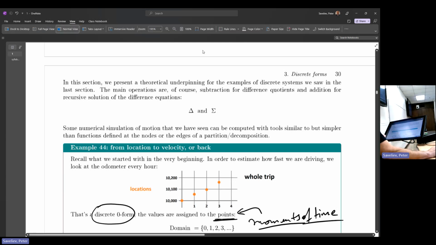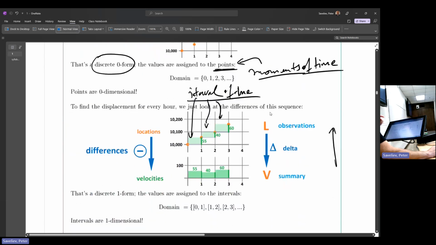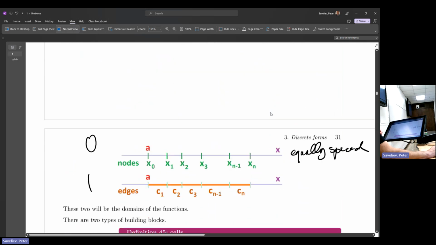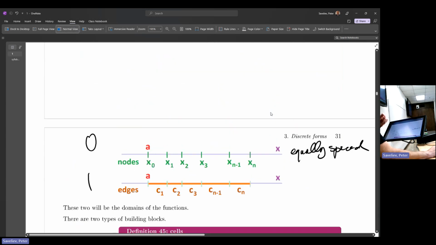But to be even more specific, the positioning of the function and its derivative are different with respect to each other. Once again, the distinction is where they're defined. The locations are recorded at every moment of time, but velocities are either recorded or computed over a whole interval of time.